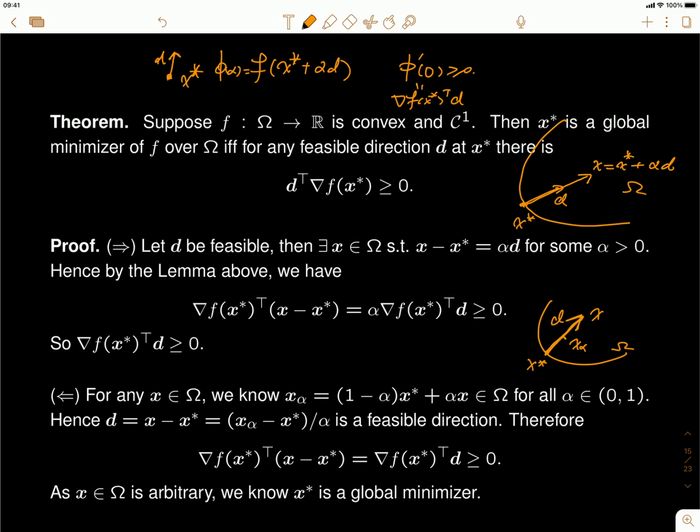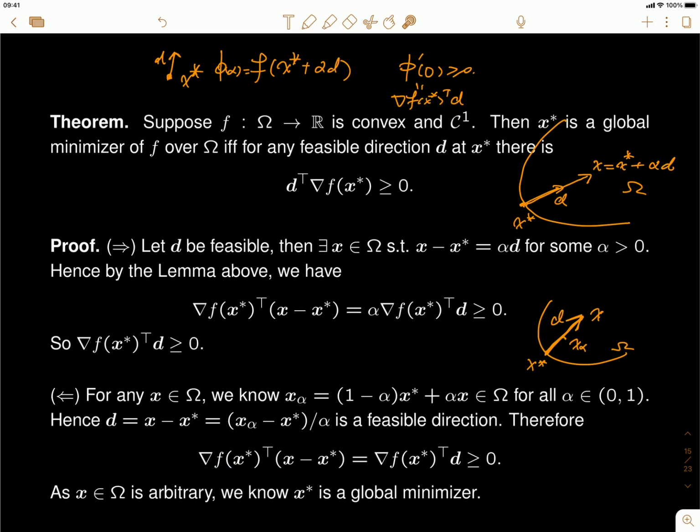So this is exactly the vector d, x minus x star. We know that this is a feasible direction because if I go along this direction, even up to x, I'm still inside omega. So d is a feasible direction, and since it's a feasible direction, we know that this is greater than or equal to 0. But on the other hand, since I chose my d to be x minus x star, I can replace this d by x minus x star, and that implies this is greater than or equal to 0.